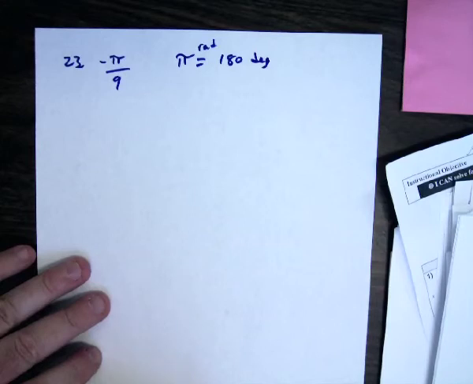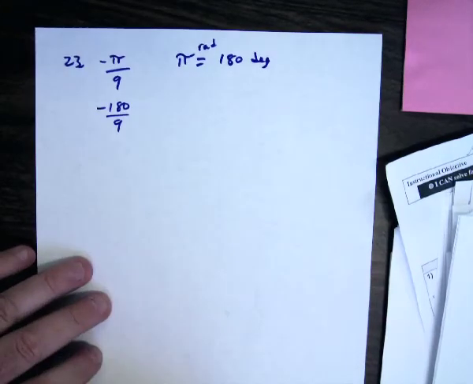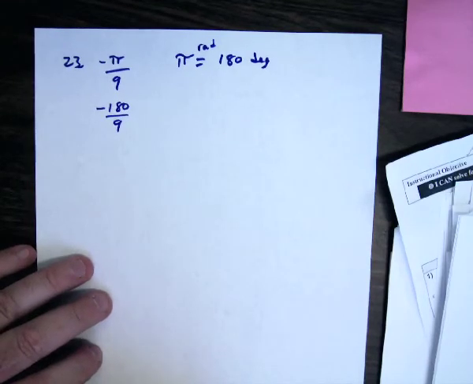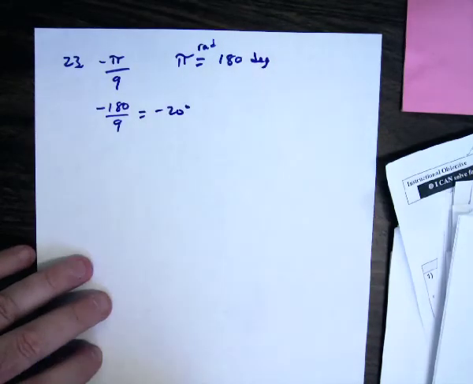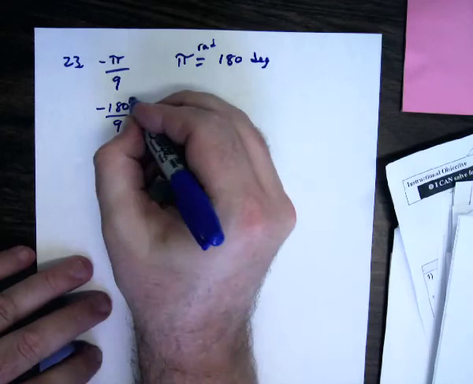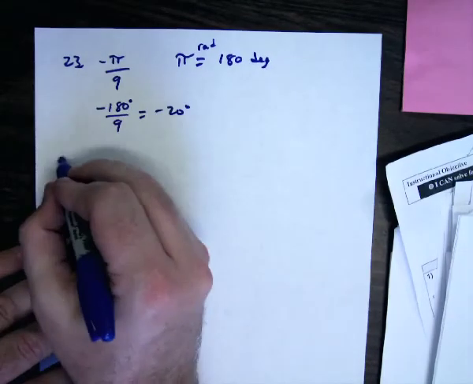So in this case, negative 180 over 9. We just have to substitute in, assuming that we have a pi. If there's a pi, then we just substitute in for 180. And that's going to be negative 20 degrees, because that was negative 180 degrees. It is that easy.